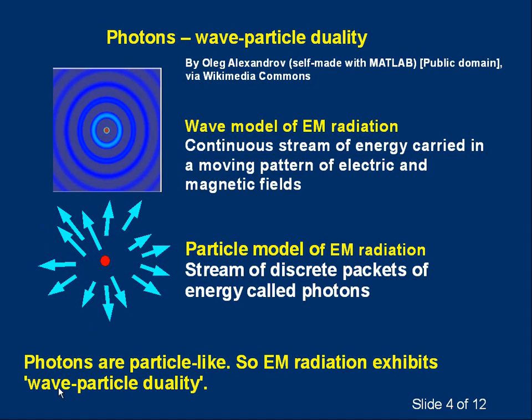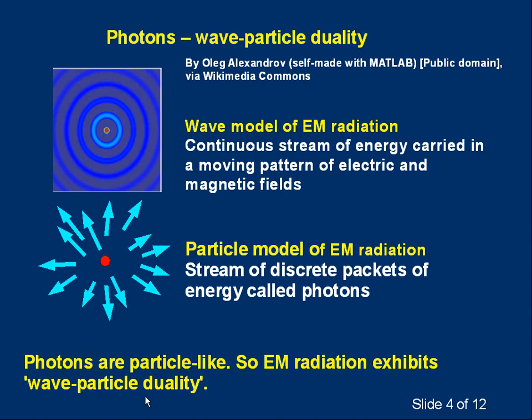And because photons, these little packets of energy, are particle-like in the sense that they're separate from one another, we say electromagnetic radiation exhibits, which means shows, wave-particle duality. That means sometimes it behaves like a wave, sometimes it behaves like these little particles of energy, these photons.